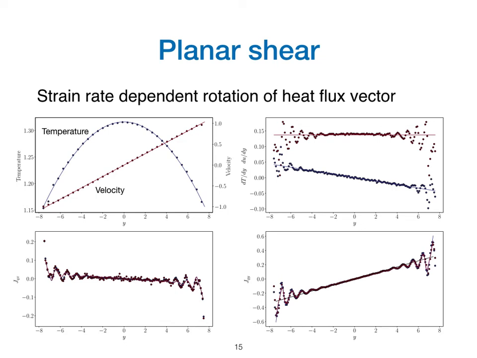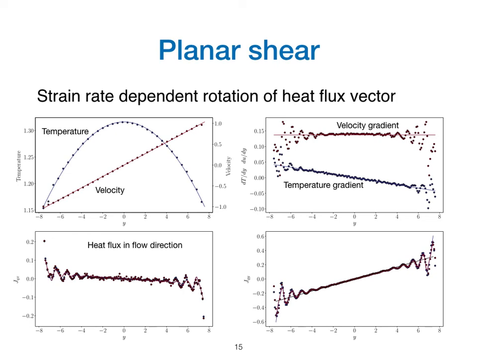The temperature profile is quadratic, as you'd expect. Our velocity gradient then is approximately constant because the gradient of that velocity profile is almost flat. There's a little bit of wobbling around near the walls due to the packing of particles near the walls. And our temperature gradient is almost linear, which is saying that the temperature profile is almost perfectly quadratic.